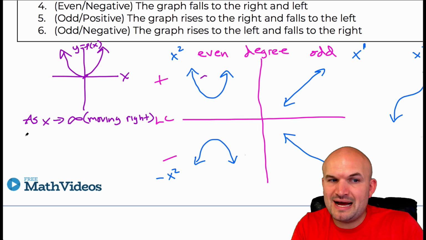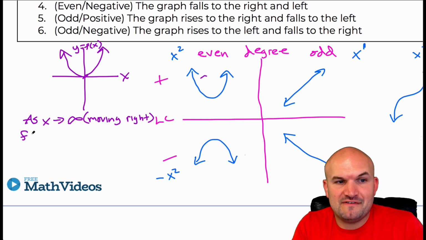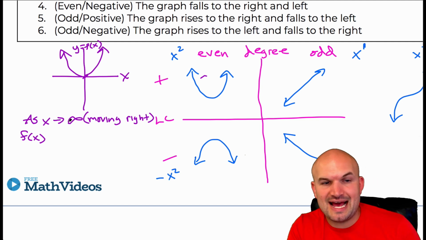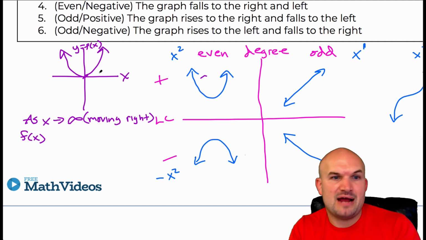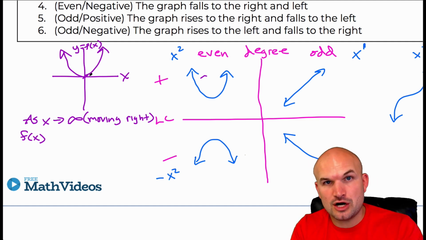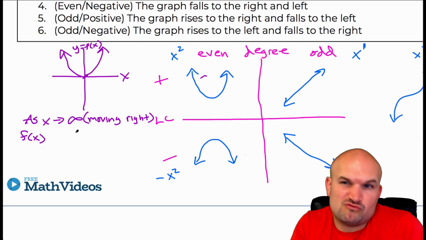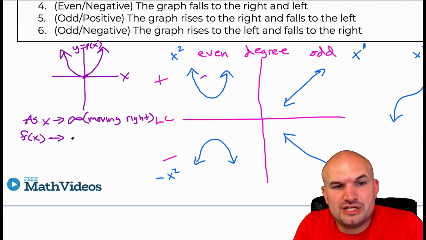What is happening to my f of x values, which is the same thing as my y values? As my x values move to the right, my f of x values are going up. Or instead of saying going up or rising, we could say they are approaching infinity, which is basically the same thing as rising.